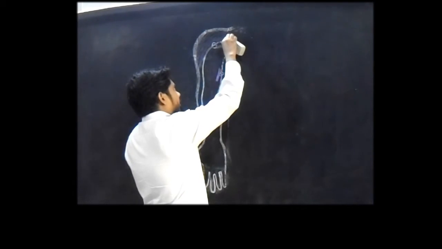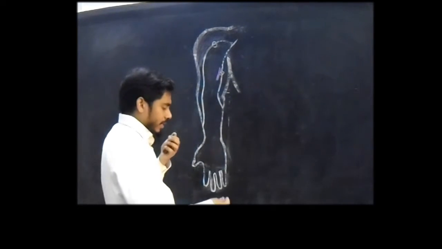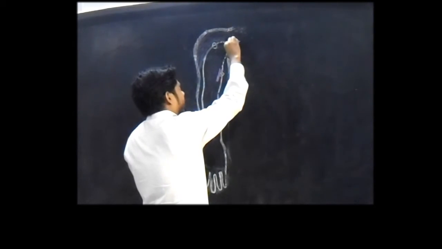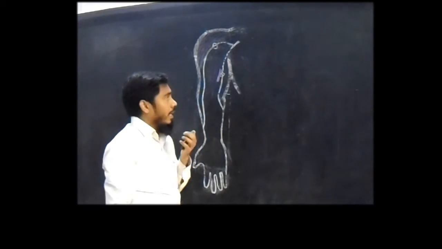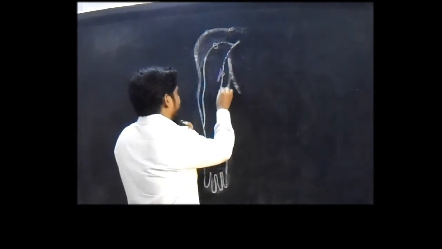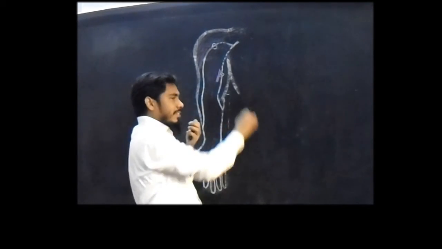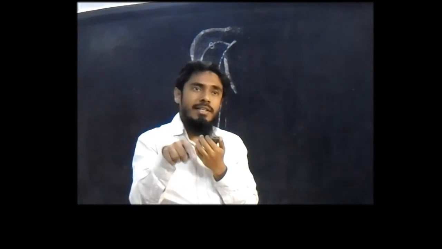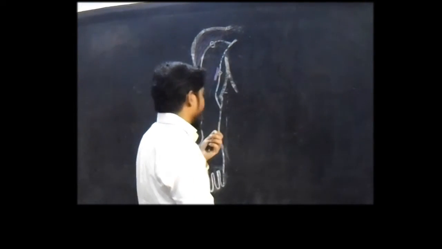So I have removed the fibers of the muscle from here, for your better understanding. It will form the axillary vein, and from here the cephalic vein will drain here. Okay, very nice. But in some cases it is observed that the basilic vein may continue as the axillary vein, and in that case the brachial veins that remain as the venae comitantes of the brachial artery will enter into the axillary vein at the lower level of the subscapularis muscle.